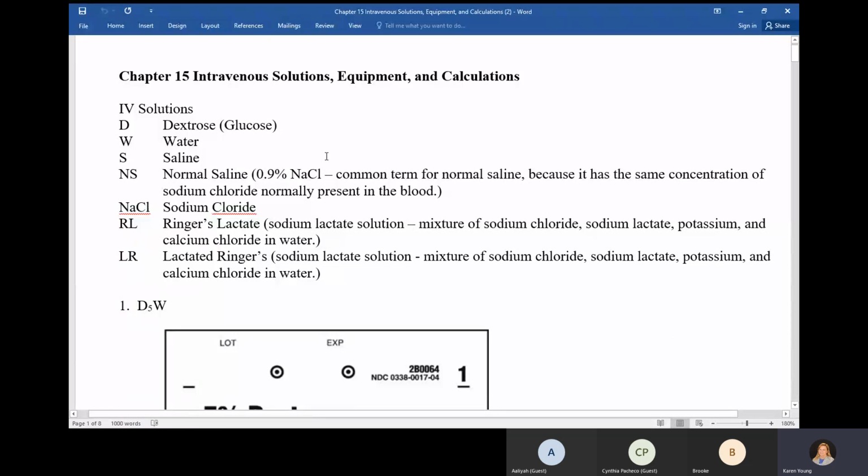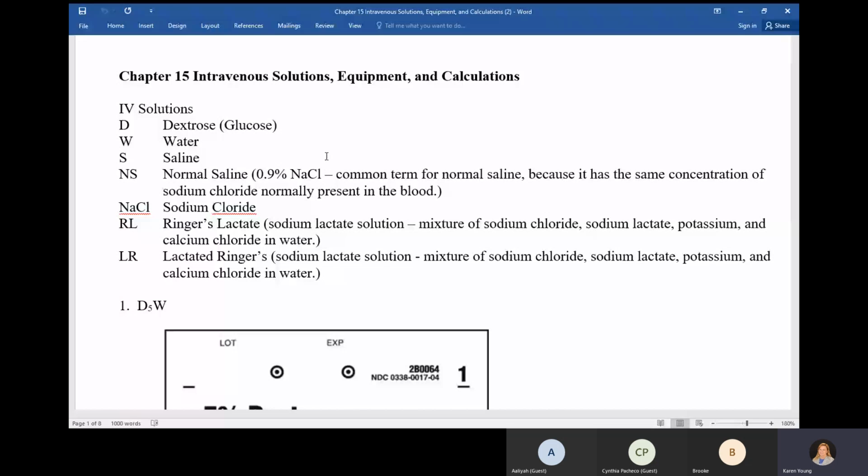All right, so the IV solutions, these are the abbreviations. D stands for dextrose, which is also your glucose. It's a real common IV that they give. W is water. S is for saline. NS is normal saline.